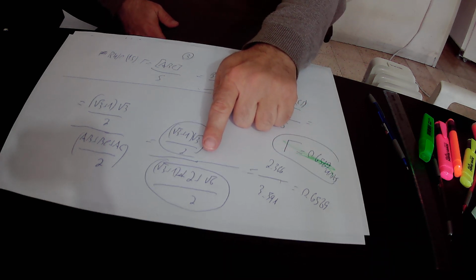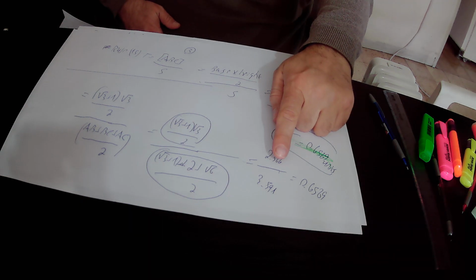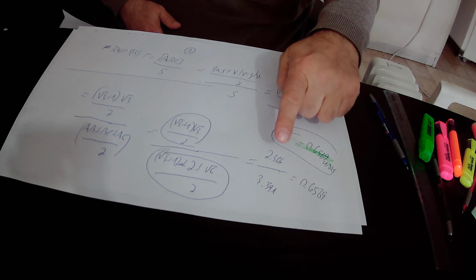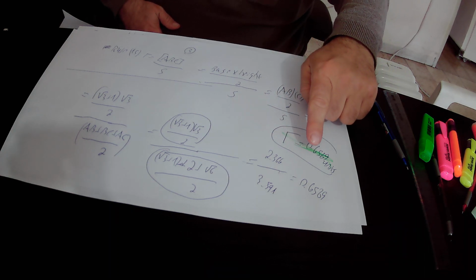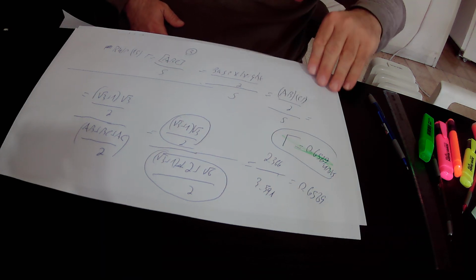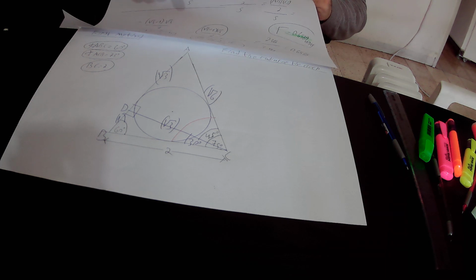This expression is the semi-perimeter of triangle ABC, and its value in total equals 3.591. And 2.366 over 3.591 equals 0.6589. In conclusion, we found out that the radius R of this circle equals 0.6589 units.